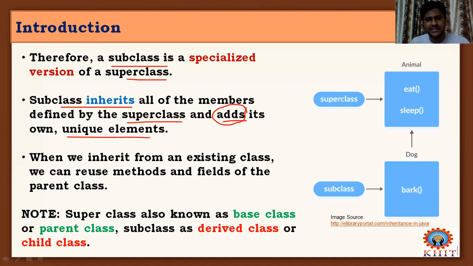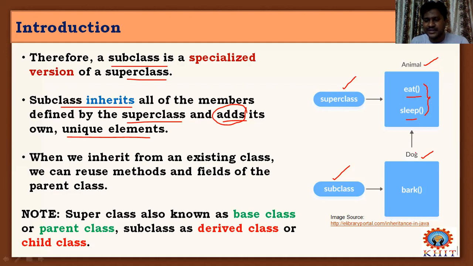If you observe the diagram here, consider this an animal class, the superclass going to be inherited, and a dog is an animal, and we know that a dog can get the properties of animals. Consider this class as the subclass. These are some members defined in the superclass, the animal class: eat and sleep.